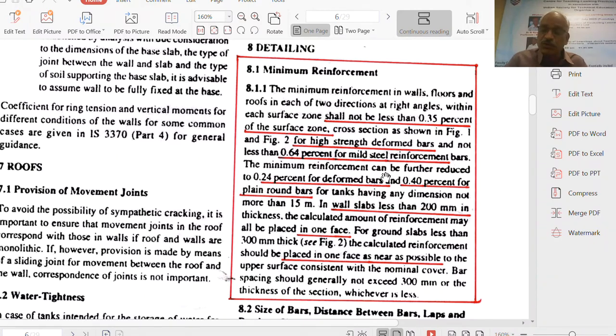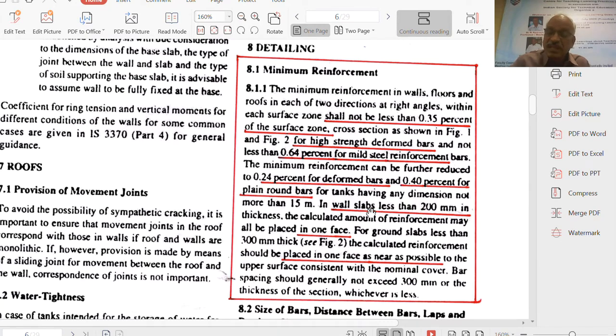The minimum reinforcement can further be reduced to 0.24% for deformed bars, and 0.4% for mild steel bars. Here it is important that the tank has no dimension more than 15 meters. When the length or the width of the tank is not more than 15 meters, we can take the value as 0.24%.